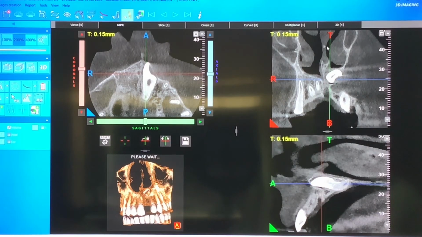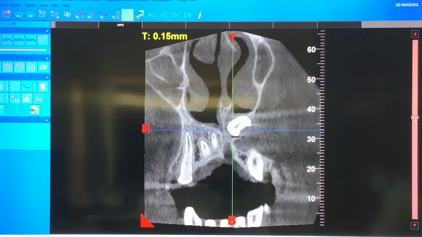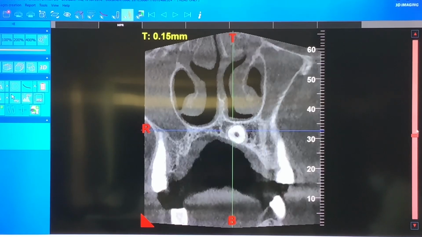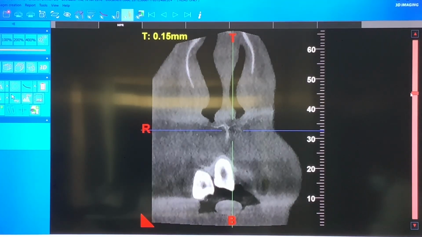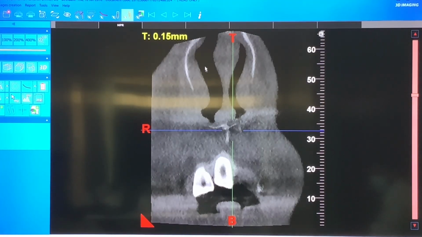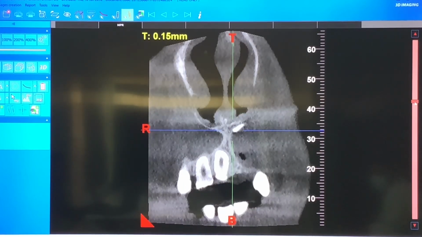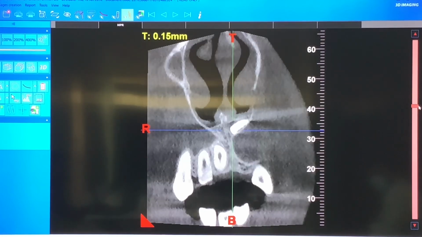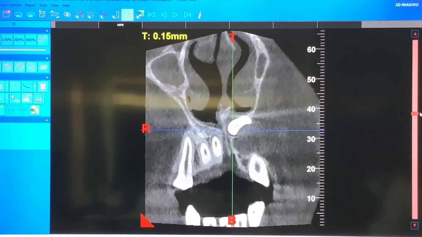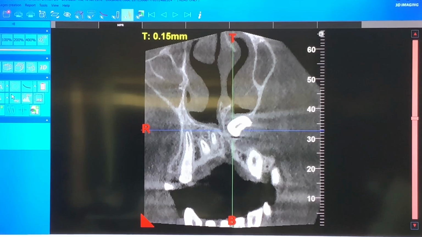We would assess the tooth coronally with the help of coronal scans, and moving from the anterior aspect, you can see the nasal airway clearly anteriorly. Now we are going into the position where you can see the crown of 1-1 and the tip of the crown of the impacted 2-1 going posteriorly. You can see the crown of 2-1.